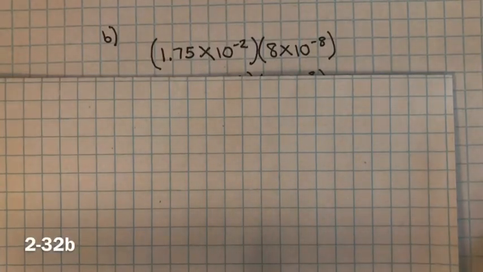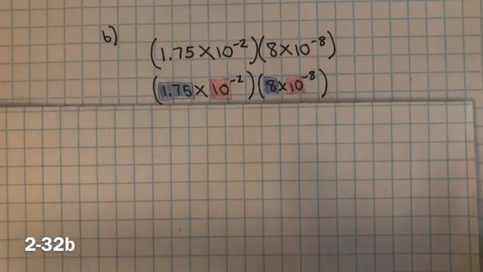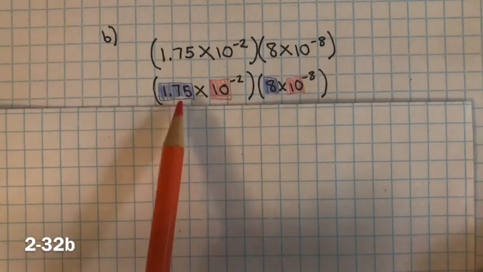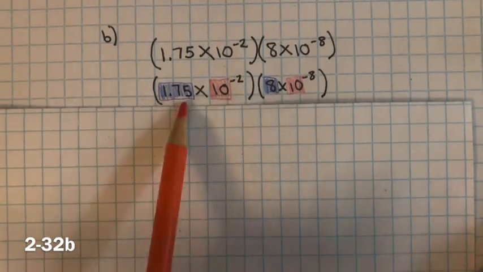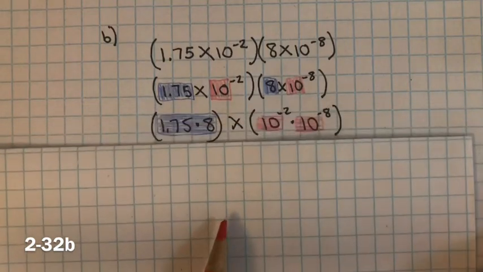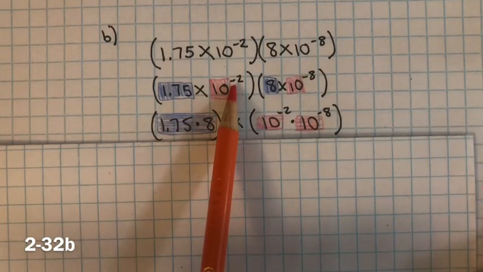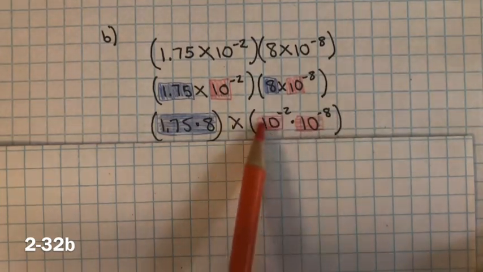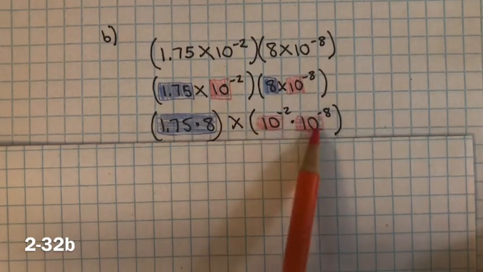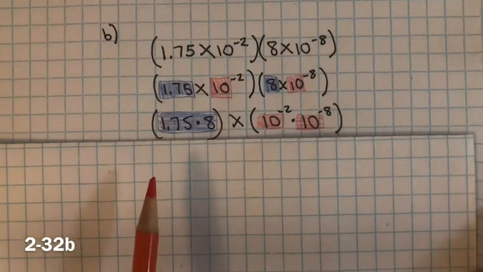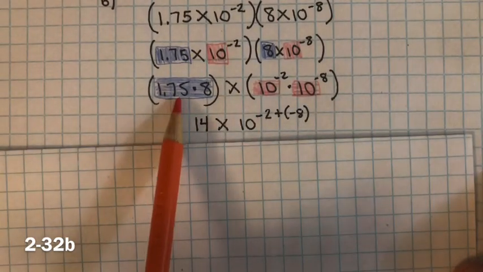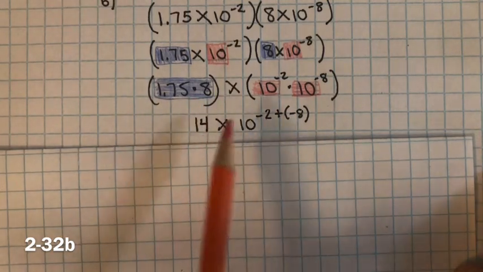Problem B, we're going to go ahead and multiply like terms. So we have 1 and 75 hundredths multiplied by 8, and 10 to the negative 2nd power multiplied by 10 to the negative 8th power. You can multiply like terms if they have the same bases. So here, 1 and 75 hundredths multiplied by 8 is 14.